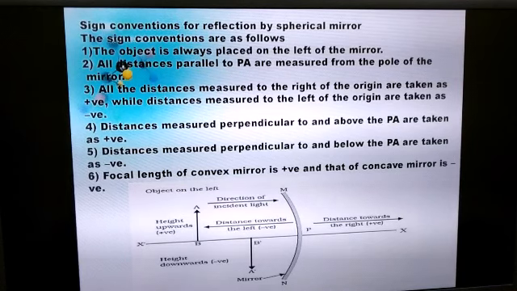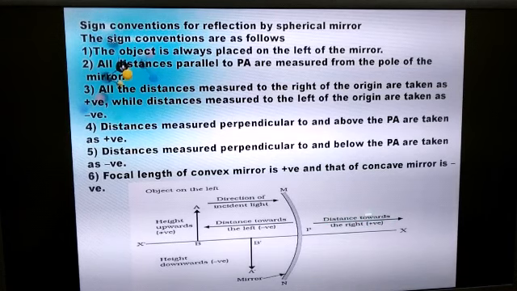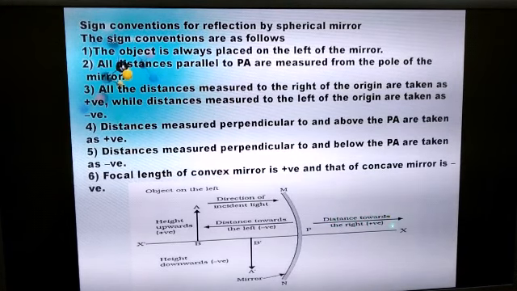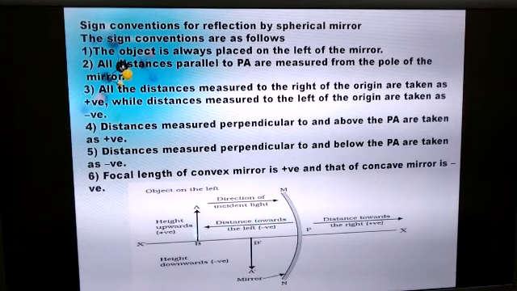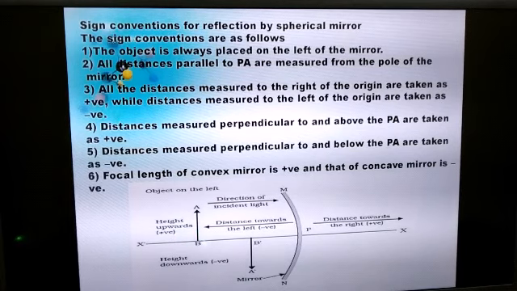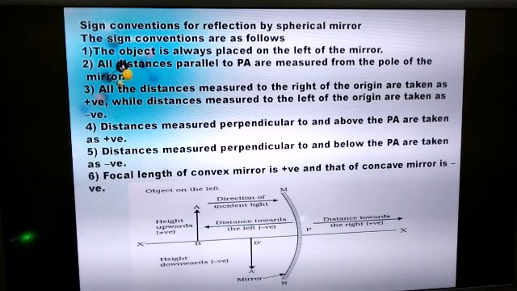Similarly, whenever we measure any distances to the right side of the origin, all those distances towards the right side of the origin are taken as positive. Whatever distances are measured to the left of the origin, that is the pole of the mirror, are taken as negative distances. So the object is always kept on the left hand side of the mirror. That means object distance will always be negative.